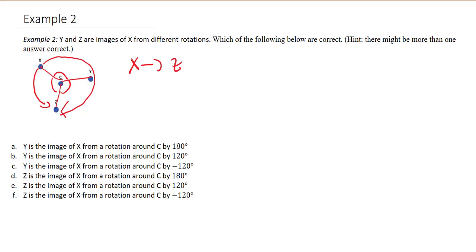So if we were to go x to z, and this is counterclockwise, you could say it goes positive 120 degrees rotation. But if we went the opposite way, clockwise, it would be negative 240 degrees for rotating. So there are 2 possible options there.